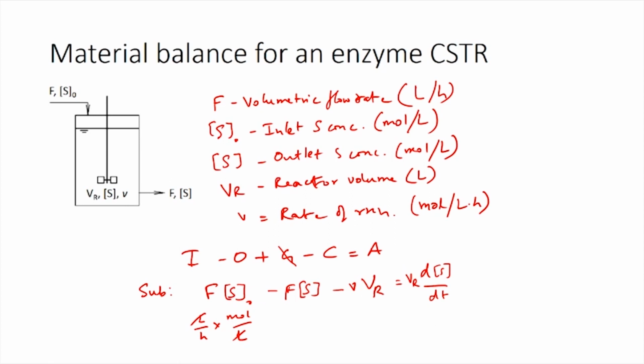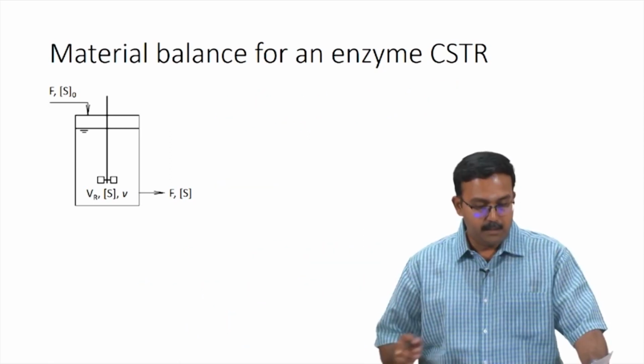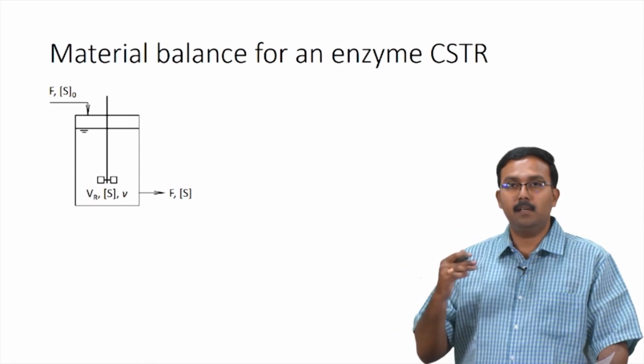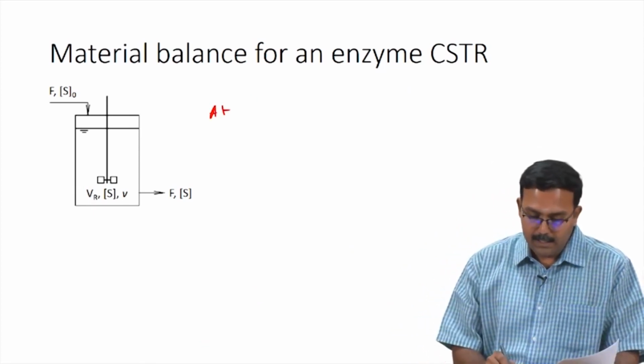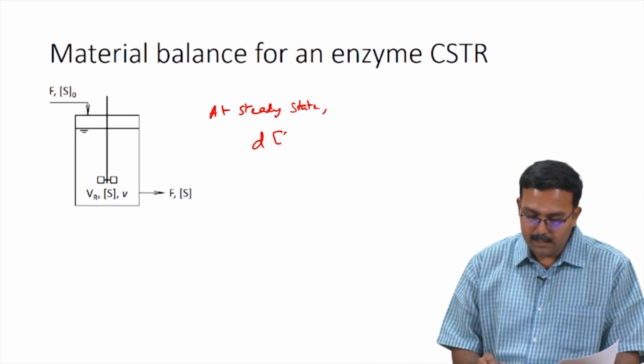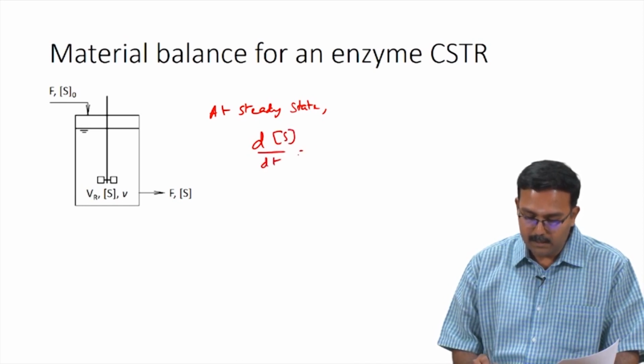So, this would be the balance equation we start with. From here we can assume certain conditions such as steady state, and thereby at steady state you have dS/dt equals 0.